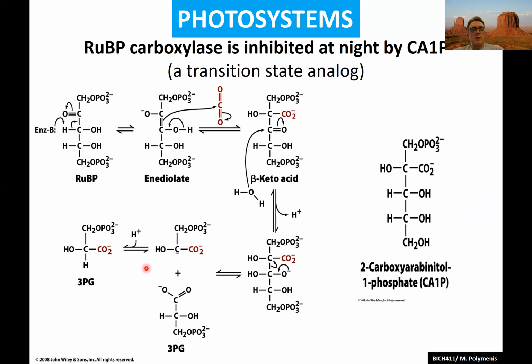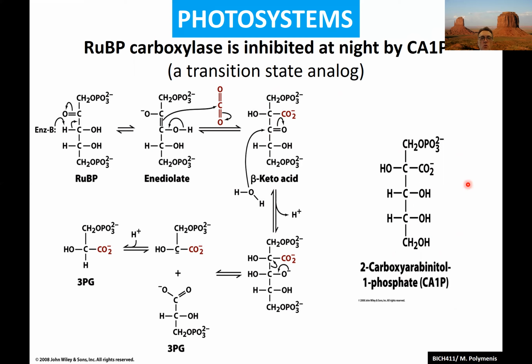One more way that it's regulated. So the cell goes to extraordinary lengths to have this tight regulation. It makes a transition state analog, shown here, CA1P. It looks very similar to the transient compound that you are forming there. It's got the 6 carbons. There you go, 1, 2, 3, 4, 5, 6 here.